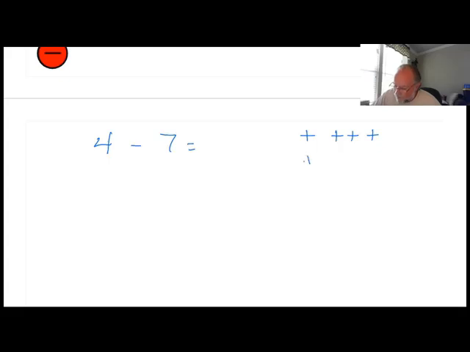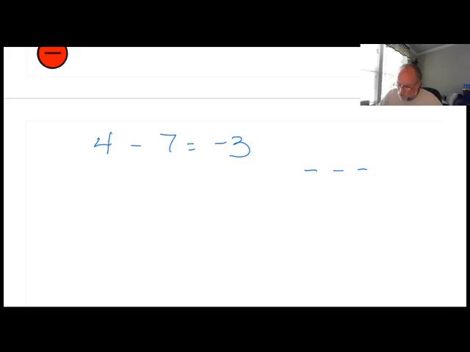So if I were to add a 0 into the problem, and then add another 0, and add another 0, what you'll notice is I now have 7 positives I could take away. So if I took those positives away, I ended up with a -3 as an answer.